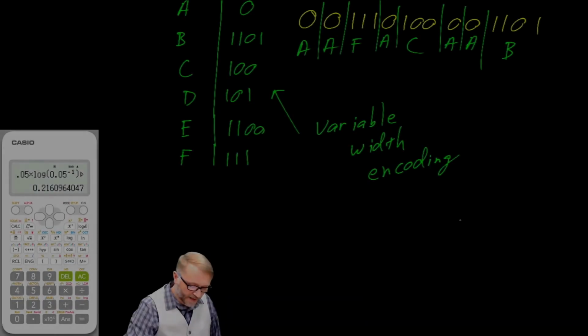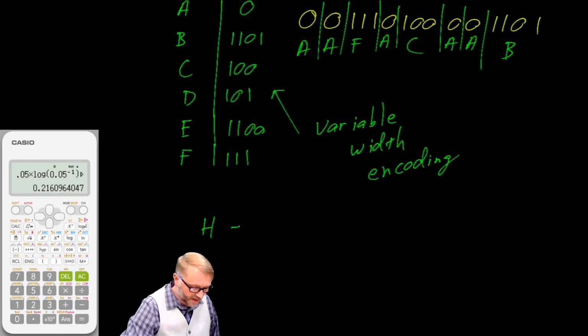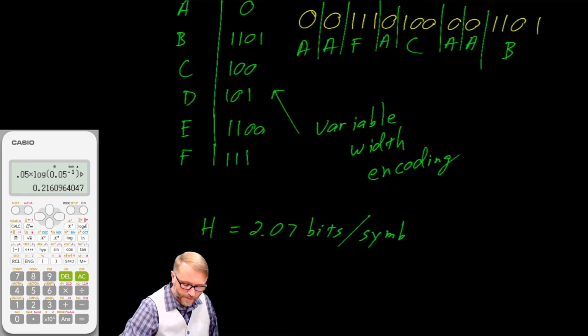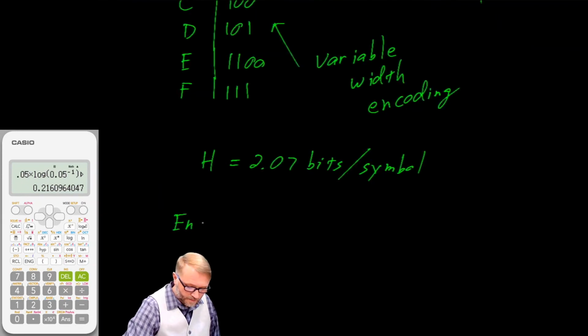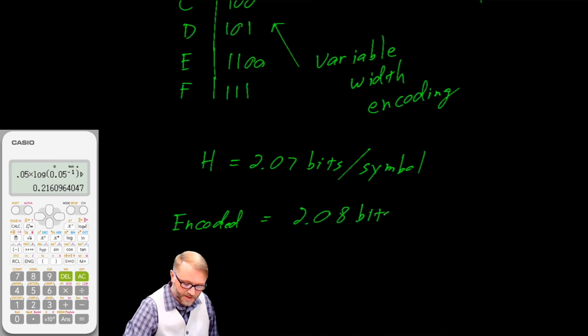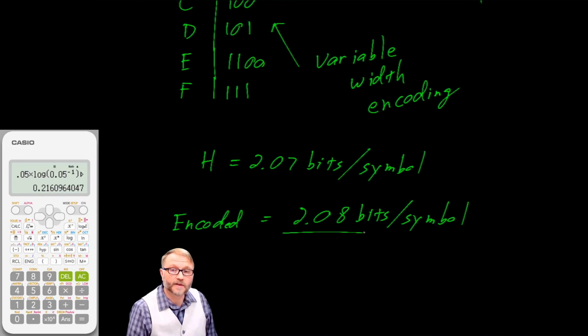So looking back, we determined that the entropy was 2.07 bits per symbol. And we determined that with Huffman encoding, we could achieve 2.08 bits per symbol. And that is much better than our original fixed width encoding, where we had to ask 3 questions per symbol.